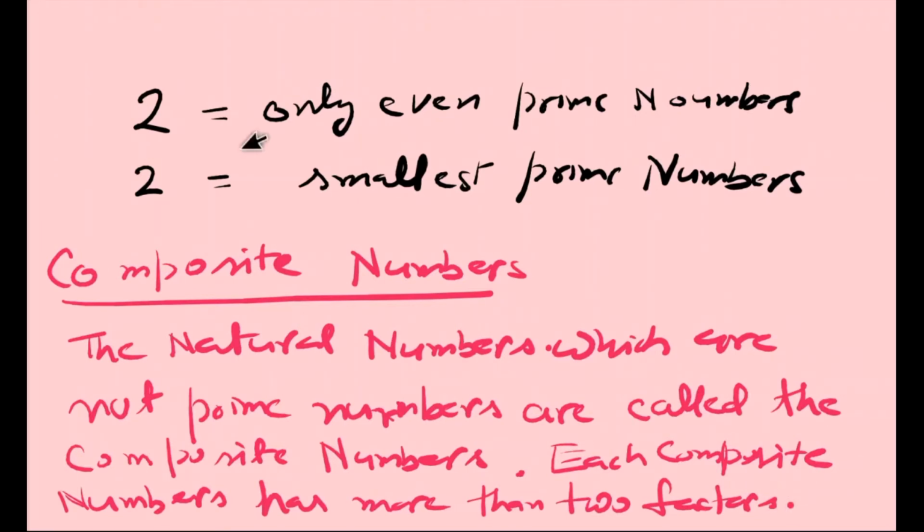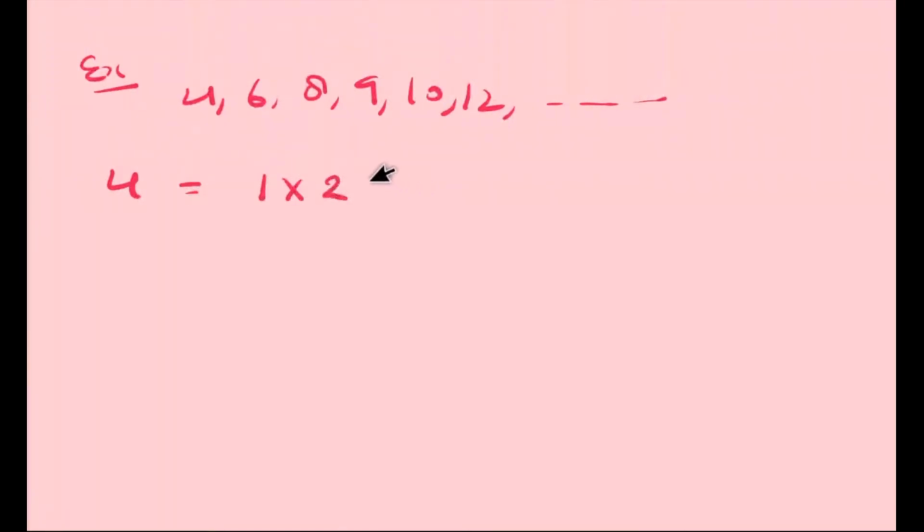Okay, so what are the examples? Examples are 4, 6, 8, 9, 10, 12 and so on. 4 has factors 1 and 2 into 2, more than 2 factors.